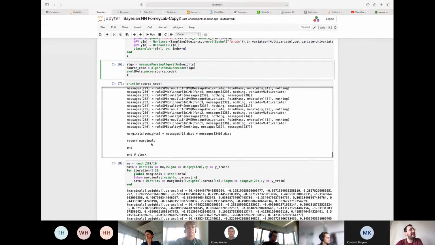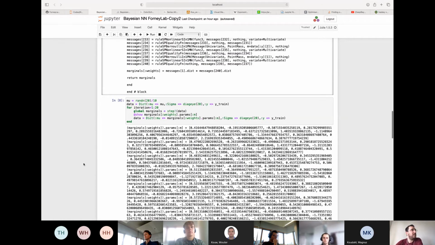The resulting marginal will be the multiplication of message 1 and message 240. Message 1 stands for the prior of the weight, and message 240 is all this information collected from the likelihood. We have a bunch of 80 observations, and from all these observations, we collect information, right? Okay, so far so good.